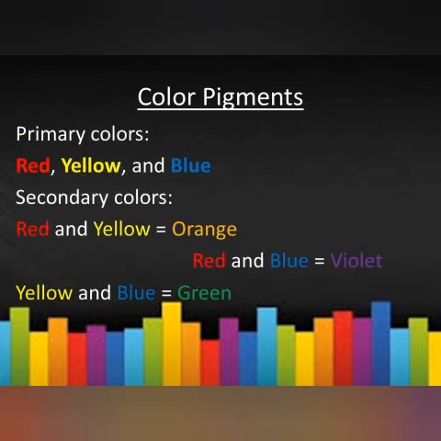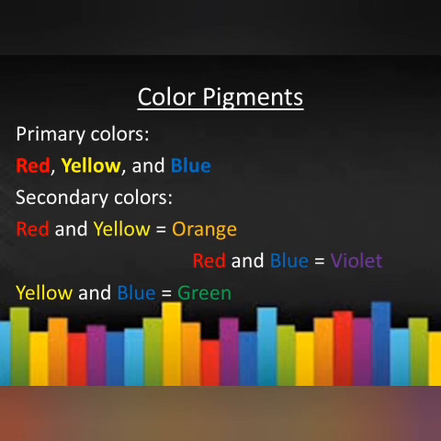So, the color pigments. There are three primary colors, which are red, yellow, and blue. These color pigments are primary for two reasons. The first reason is they can't be made by mixing. The second reason is that they can be mixed to make all the other colors on the color wheel.